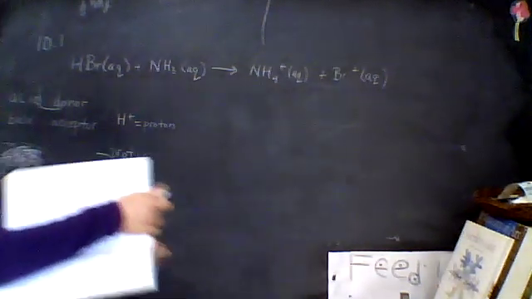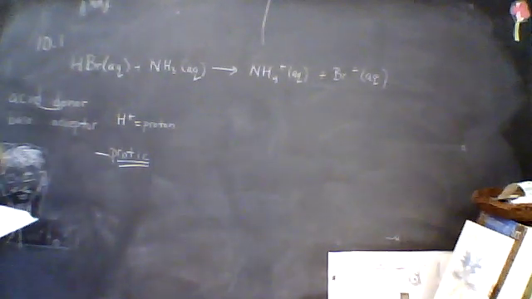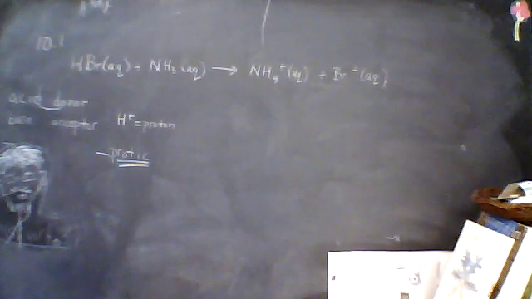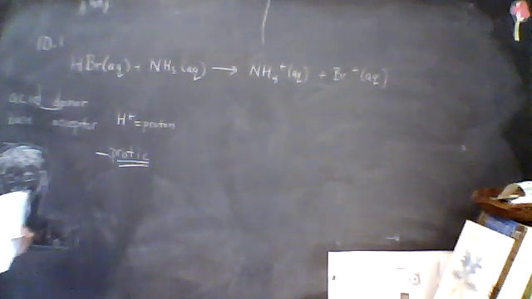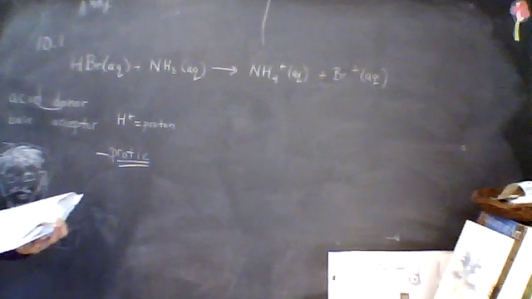None of these is an ionic compound, right? So usually, to find out which is the acid and which is the base, we would find the ionic compound and split the ionic compound into its component ions. But since we don't have any metals in this reaction, there are no ionic compounds.